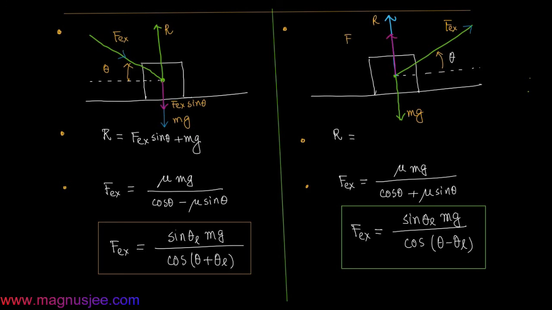R is the normal reaction force and the rectangular component of pulling force is Fx sin theta. Now the expression of normal reaction R will be equal to mg minus Fx sin theta. Fx is equal to sin theta L mg divided by cos theta plus theta L, that is the pushing force. On the right hand side, pulling force is sin theta L mg divided by cos theta minus theta L.